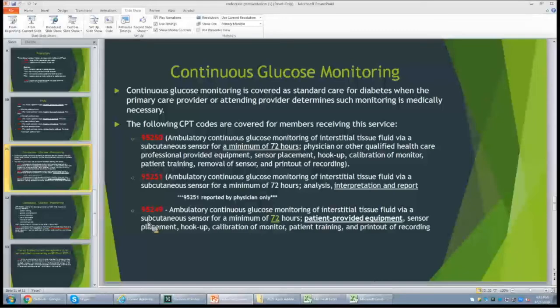Not to make this more complicated, but let's say we're not seeing them in clinic, we're talking to them on the phone, and we're able to access their continuous glucose monitor sensor data, CGM data, remotely. So we use the bottom code for the telephone encounter. Well, that's the question.